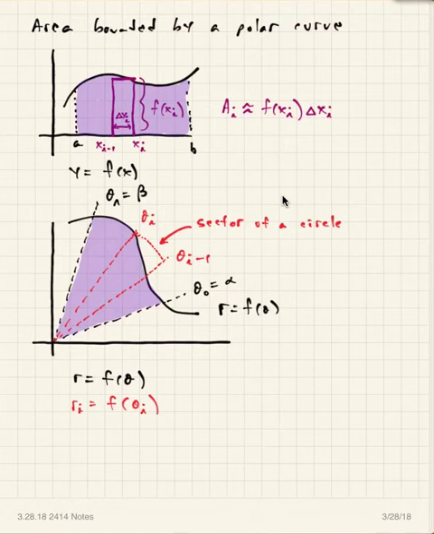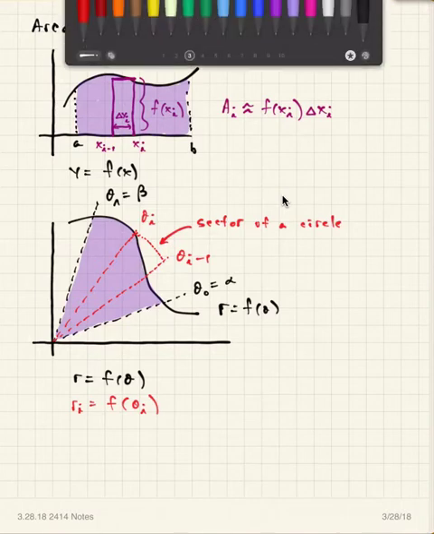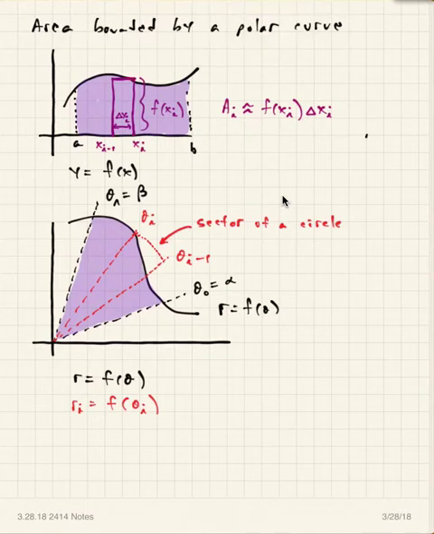Now, I don't know if you remember this, but the area of a sector of a circle, and this is from trigonometry, it's probably been a while since you've talked about this. If you have a circle, let me just draw a circle out right here. Here's a sector of a circle like this.